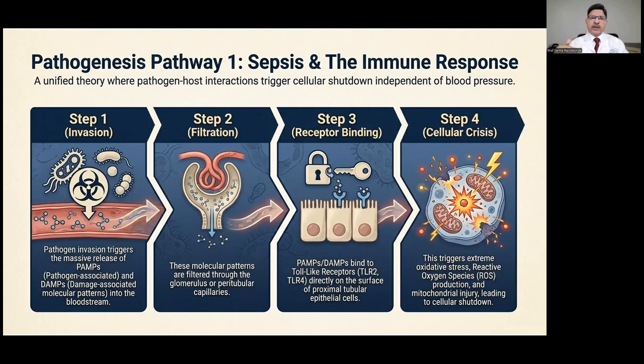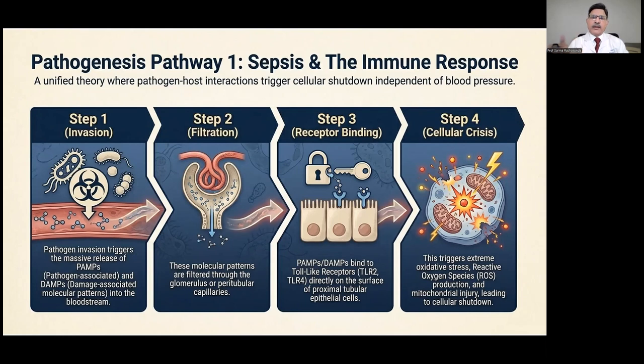Step 1, the infecting agent or the exposure produces massive release of PAMPs and DAMPs, the pathogen-associated and damage-associated molecular patterns. They being proteins, they get filtered at the glomerulus. They clog the glomerulus. They also permeate into the tubules.